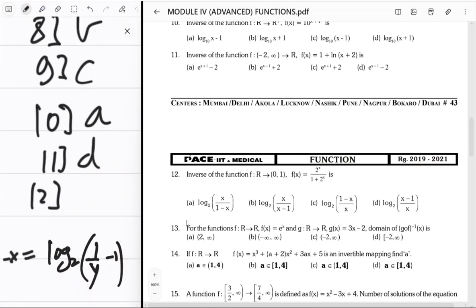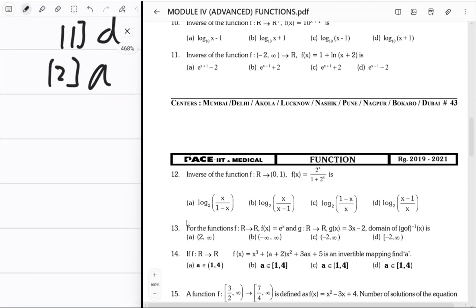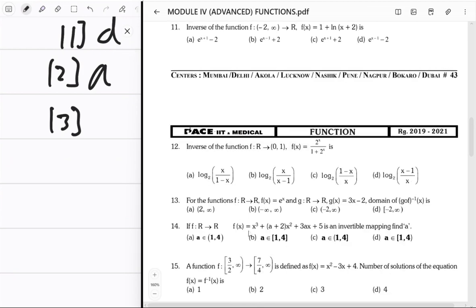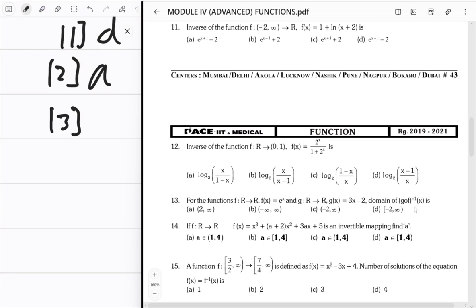Next question. Don't even look at the domain or anything. 13th. For the function from real to real, f of x is equal to e power x, and g from real to real, g of x is equal to 3x plus 2, find the domain of g of f inverse of x. Wow, interesting. So the domain of that guy. Basically, you're asking what is the range of the function g of f of x, because only in that range will the inverse function even work. Makes sense. What if it's not bijective? It must be. That's a linear function, that's an exponential function.